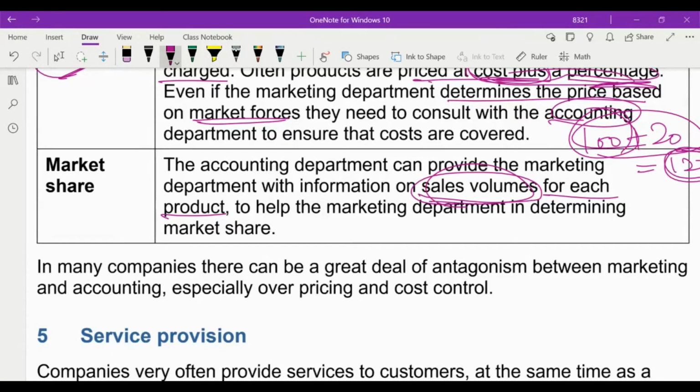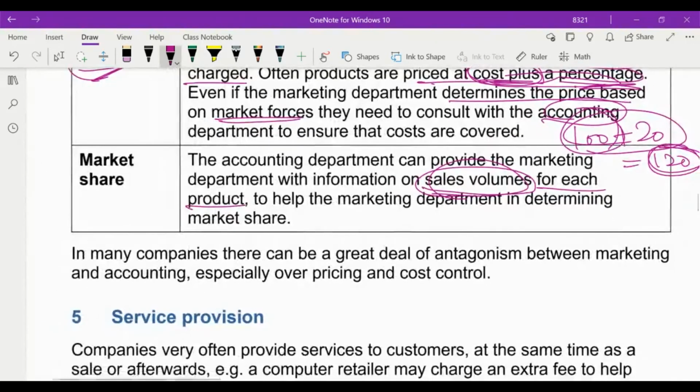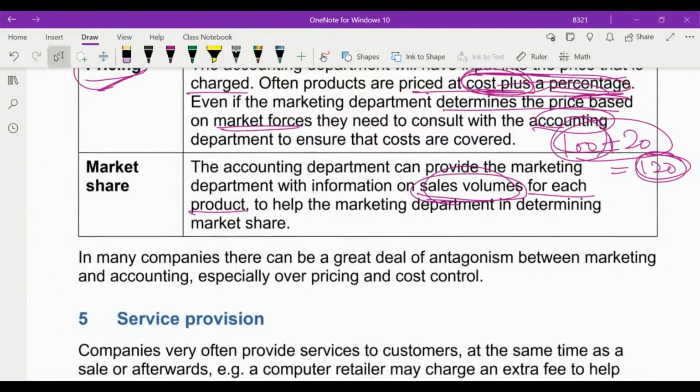In many companies, there can be a great deal of antagonism between marketing and accounting, especially over pricing and cost control. Yes, there can be clashes. There can be discussions. Why? Because the marketing department would like to press their point of view, and the accounting department will tell you things from the profitability point of view.